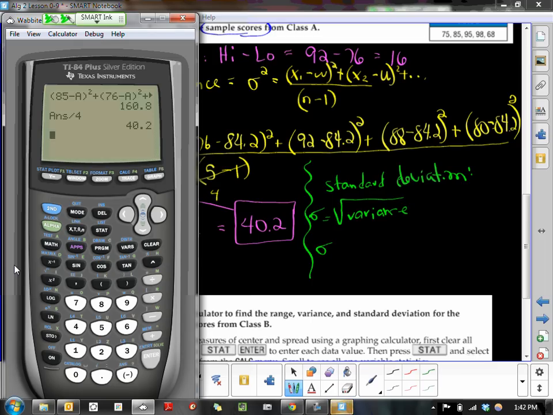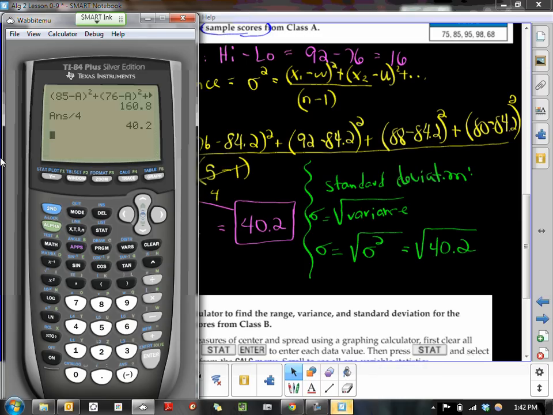So standard deviation is the square root of the value you got from variance, which is going to be the square root of 40.2. So we're going to take the square root of 40.2, so second square root of our answer. It's the easiest way to get that number in there.